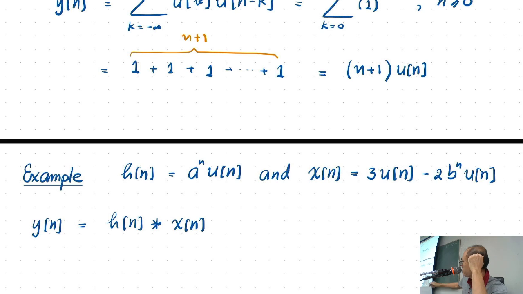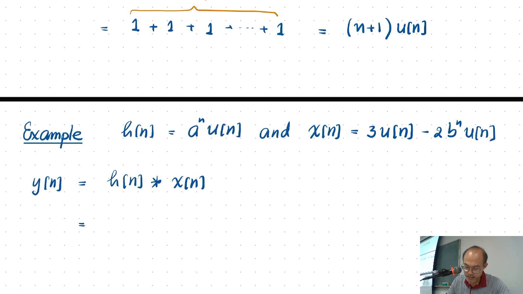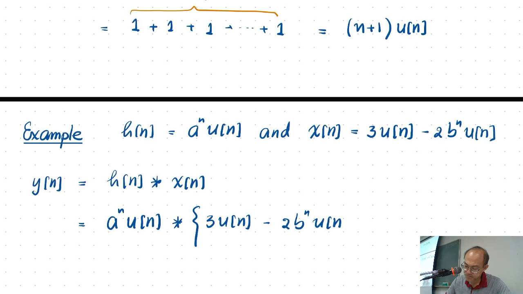As I told you earlier, it doesn't matter which one to begin with. I can begin with h or I can begin with x. Here I start with h. So I plug in h as a to the n u[n], and then I convolve it with 3u[n] minus 2b to the n u[n], which is x.